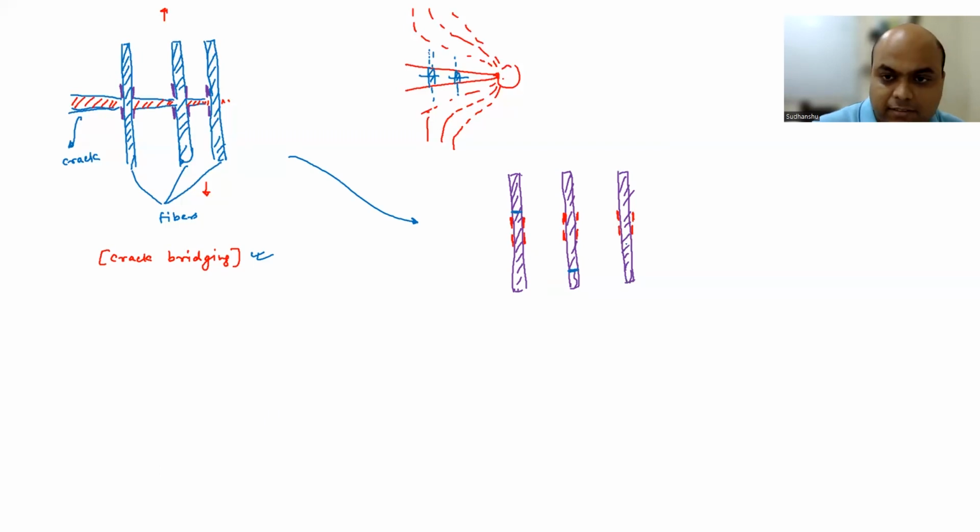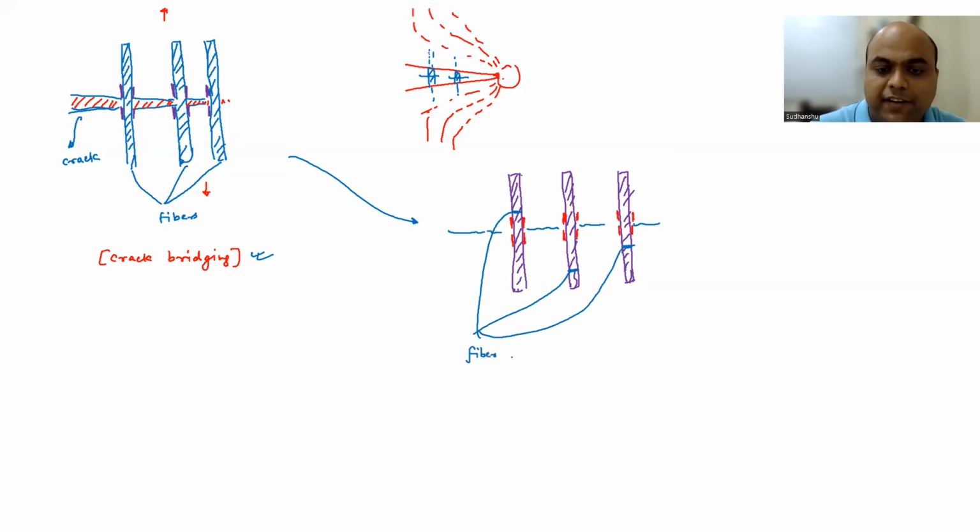In these regions, they have fracture. Okay, and you have a crack here already. So this is your crack. Okay, so these 1, 2, and 3 are fiber fracture.